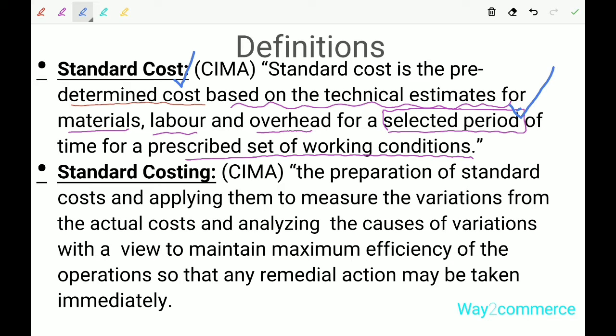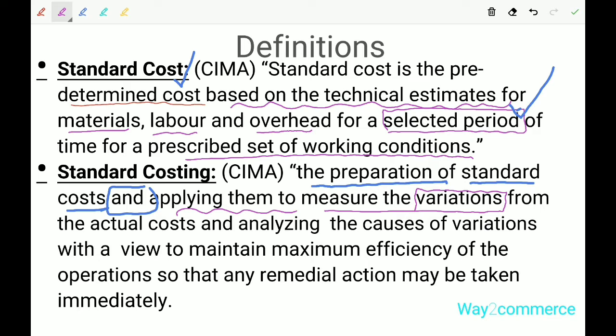Standard costing: CMA defines it as the preparation of standard cost and applying them to measure the variations from the actual cost and analyzing the causes of variations with a view to maintain maximum efficiency of the operations so that any remedial action may be taken immediately. So standard costing means the preparation of standard cost, earlier discussed, and applying them to measure the variations between the predetermined rate, that means standard rate, and actual rate.